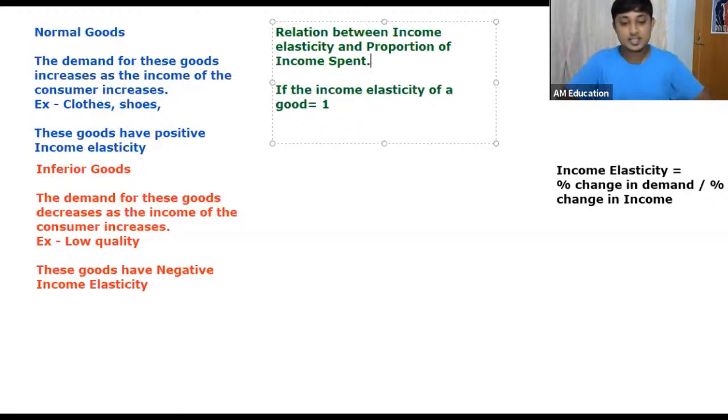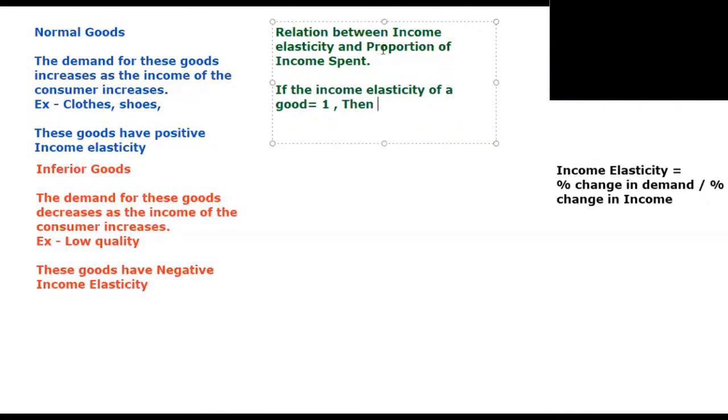In this, if the income elasticity of the good is 1, then what is it telling? The proportion of income spent on it remains the same. Exactly.